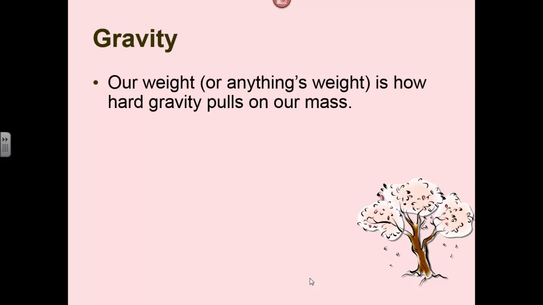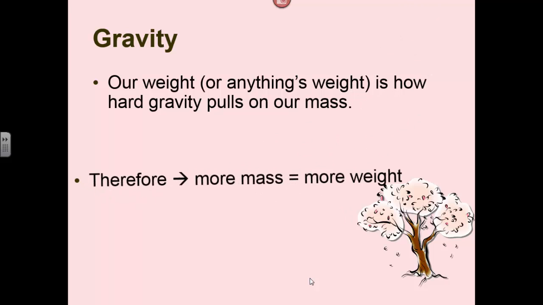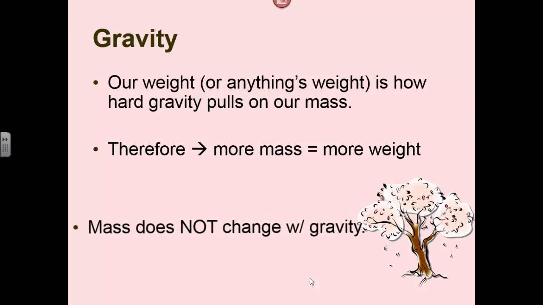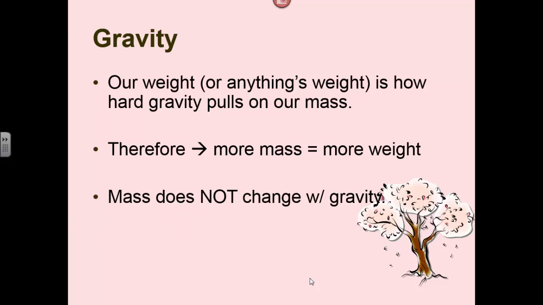Our weight depends on gravity. But if you have more mass, then gravity is going to pull harder on you, so you have more weight. So the two ideas go together, but we need to know that mass does not change with gravity, and weight does.